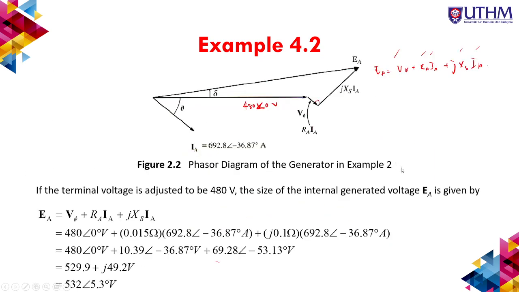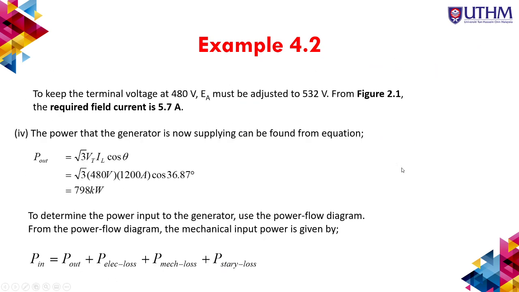Please remember that the OCC graph is actually the EA versus IF. Because of open circuit, there will be EA equal to V phase. So then we have V phase equal to something, and then equal to the EA.